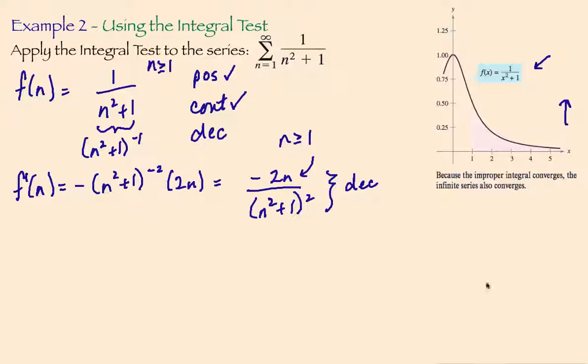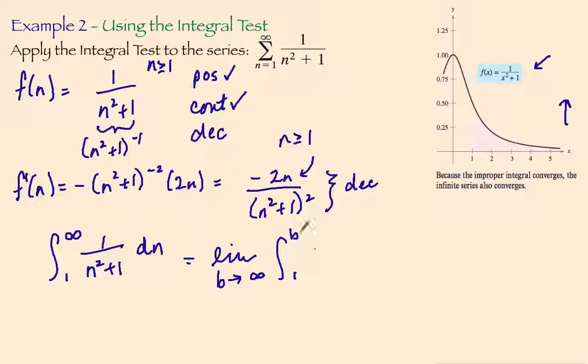Since those three conditions have been met, we can use the integral test here. That means I'm going to take the integral from 1 to infinity of the original function, which is 1 over n squared plus 1 dn, and let's immediately change this to a limit because we have an improper integral here. The limit as b approaches infinity of the integral from 1 to b of 1 over n squared plus 1 dn.